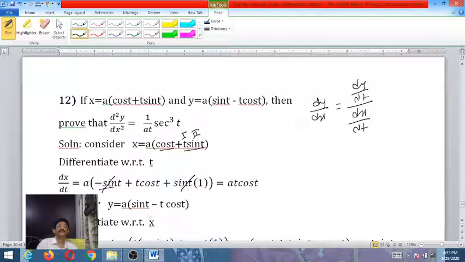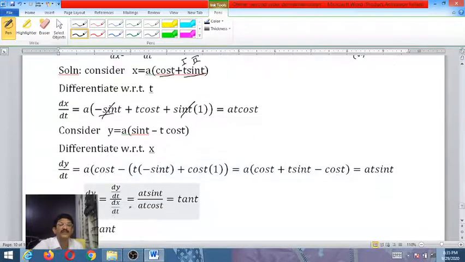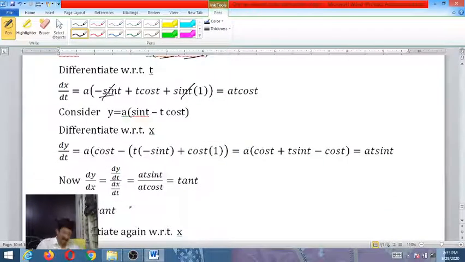Come to the second one, y. y equals a into t minus cos t. Differentiate with respect to t. a is a constant, sin t, cos t. Remember, this is important: after minus, put a bracket here, a bigger bracket. Apply the product rule. First function, second function.